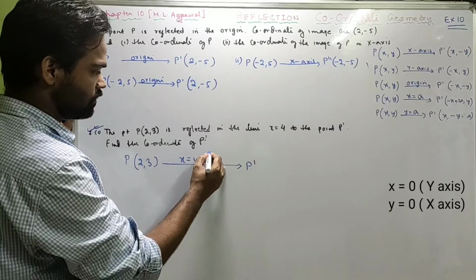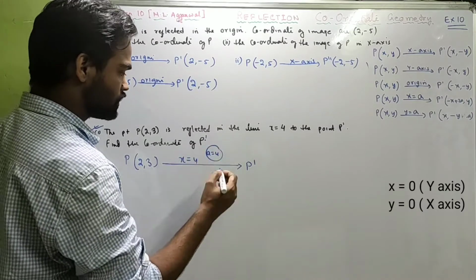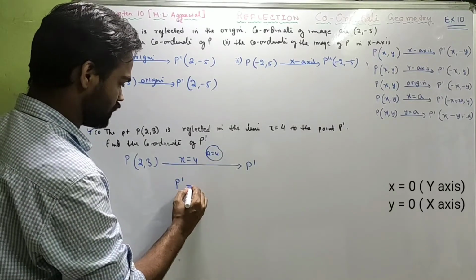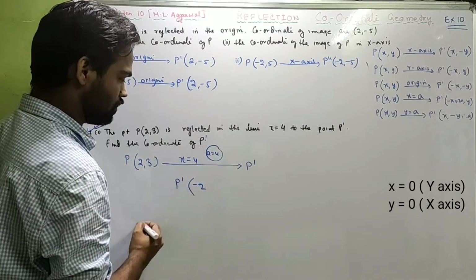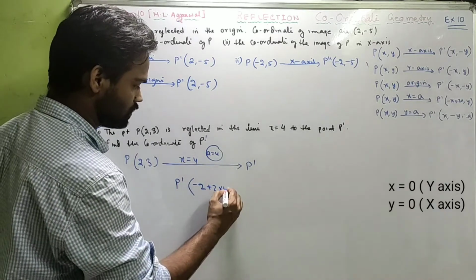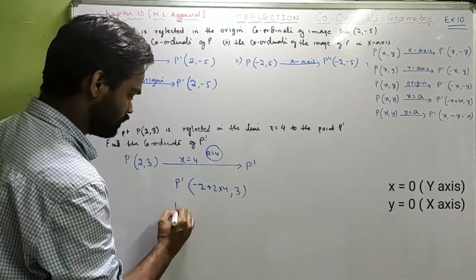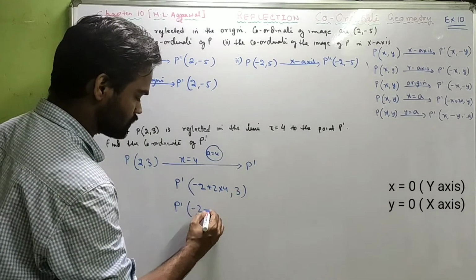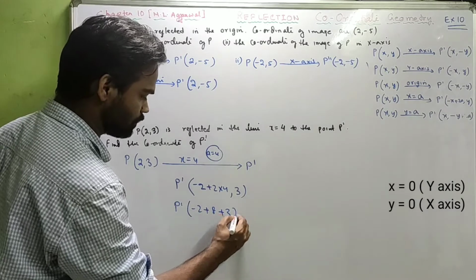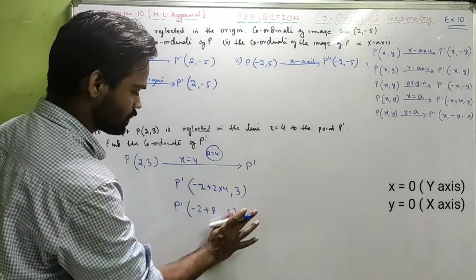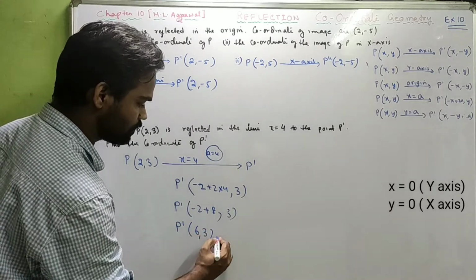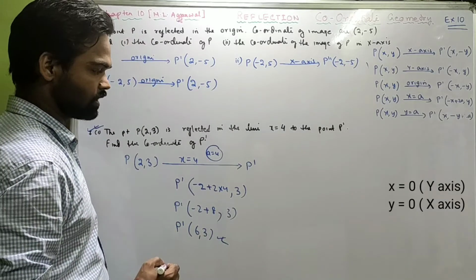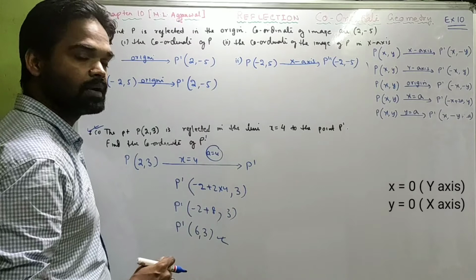A is over here 4, which means P dash will be: change the sign of the x coordinate, plus twice into 4, 3, which means P dash will be -2 plus 8, 3. So P dash is (6, 3). Done. Clear? Now let us look at the next sum.